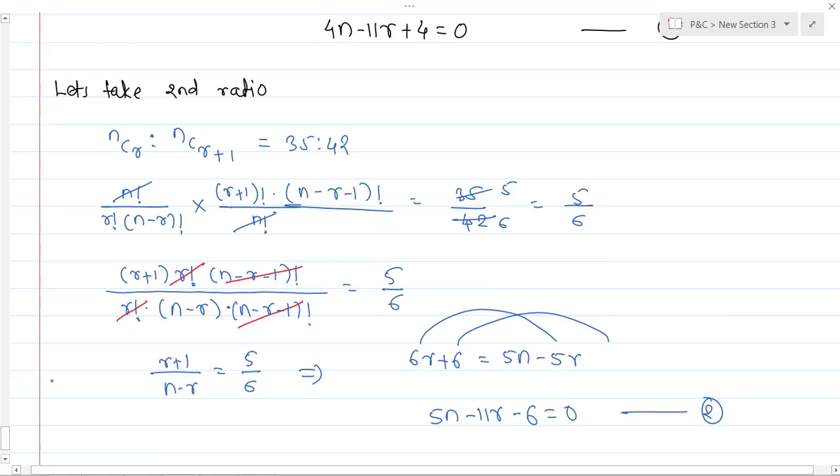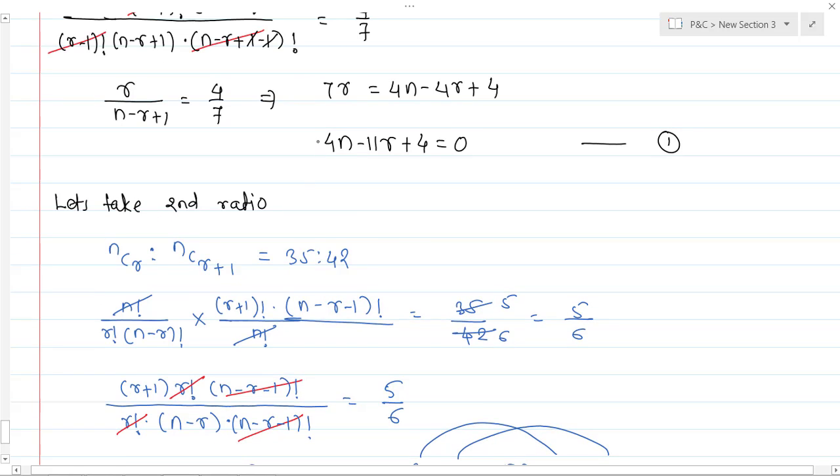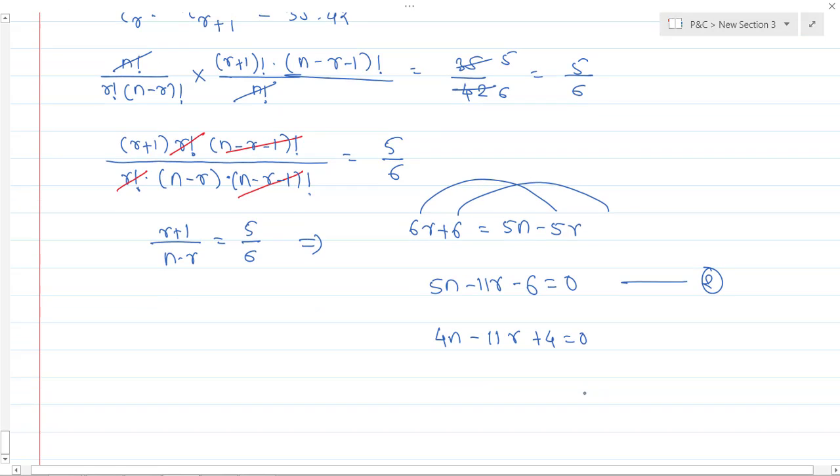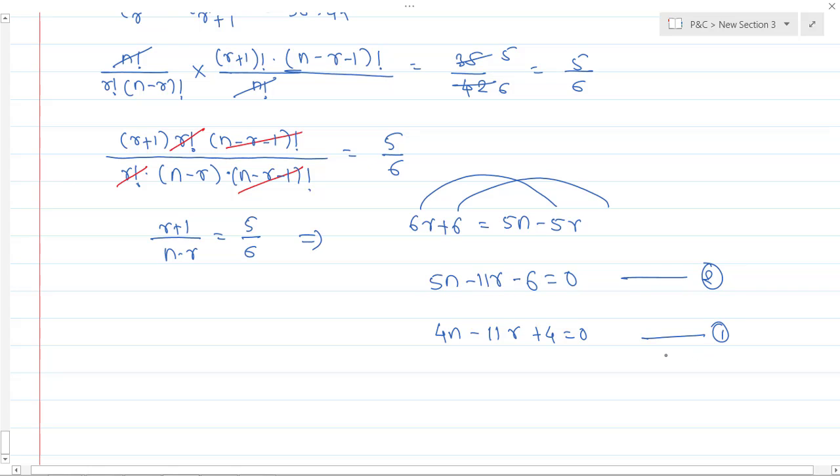Write down the first equation, which is 4n minus 11r plus 4 equals to 0. This was our equation number 1. Okay, solve these two equations. So what you will do, if you want to solve this, subtract them.